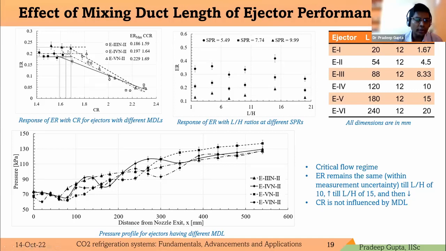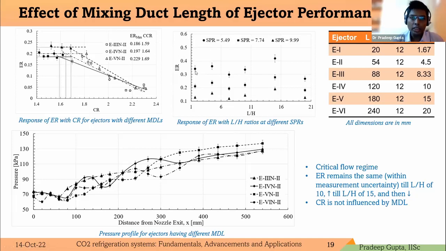This graph again shows that the ejector operates in the critical mode operation, since we have a constant entrainment ratio followed by a decrement in the entrainment ratio. This entrainment ratio versus L by H plot shows that up to an L by H ratio of 10, the entrainment ratio is almost constant considering the measurement uncertainty.